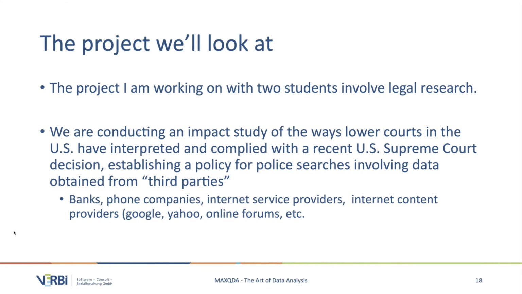And this is a study that involves a case which placed limits on police ability to gain information or conduct searches involving data from what we call third parties, from banks or phone companies or internet providers, or content providers like Google or Yahoo, online forums.